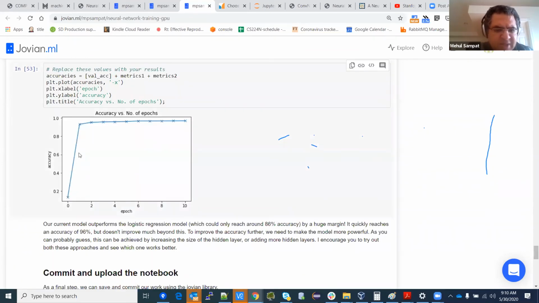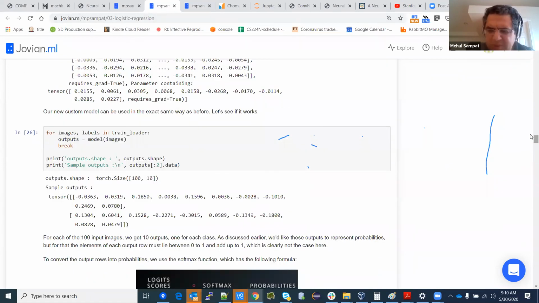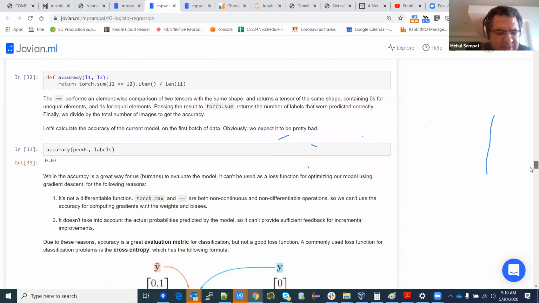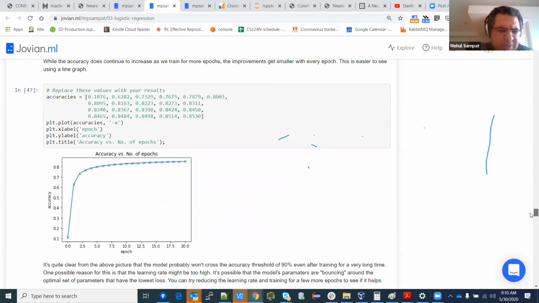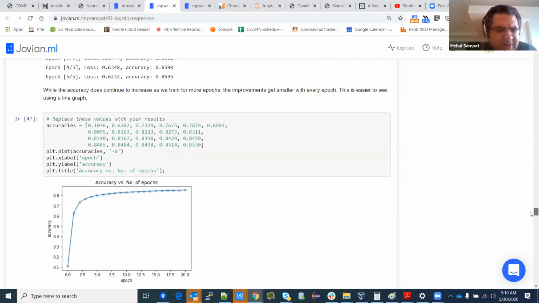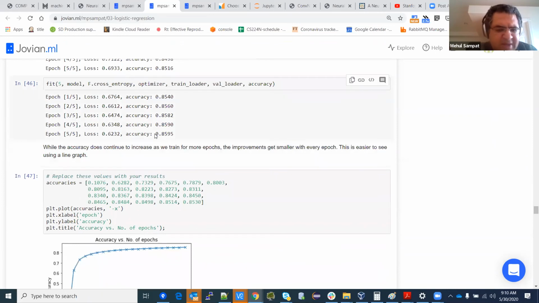Here it quickly went up to 90-something with the one layer neural network, and with the logistic regression one I was around 85.